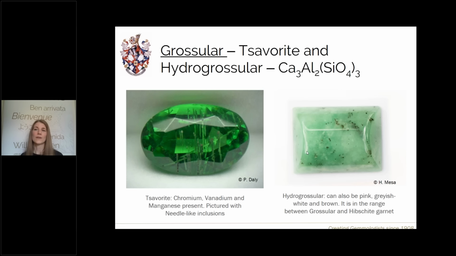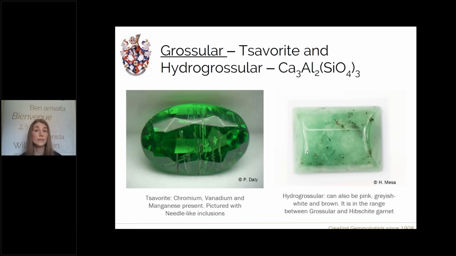Grossular garnet is our next end member of our ugrandite series. On this slide, you can see tsavorite and hydrogrossular garnets. The tsavorite is our garnet on the left. It's a bright green garnet, and its coloring mechanism is actually quite complex, so I'm not going to go into it in too much detail, just to let you know that chromium, vanadium, and manganese are present, in various concentrations, and they all kind of work together to cause this green color.